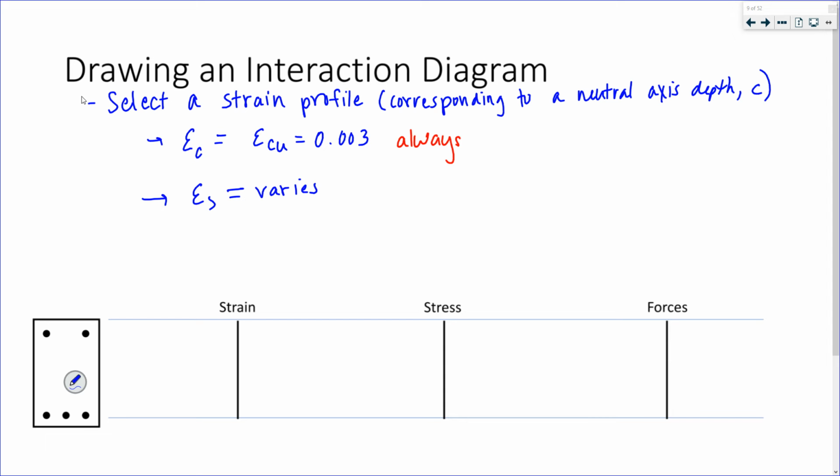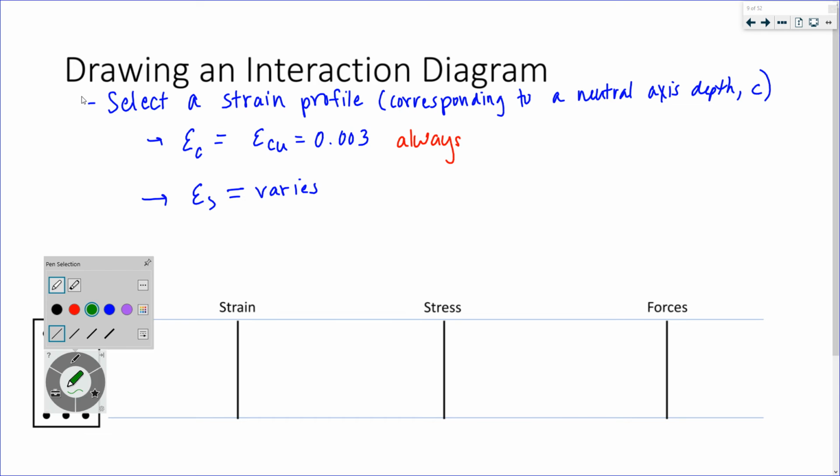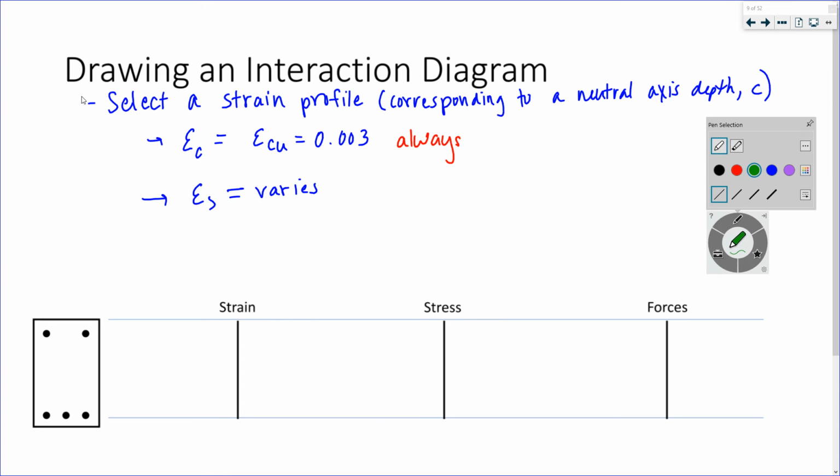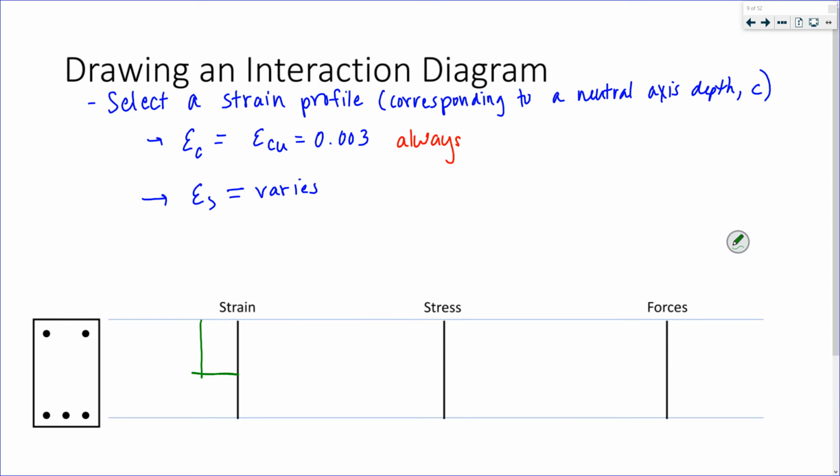So I'm going to select some value for my neutral axis, C. Going to have a strain of ECU, and some strain in my steel.